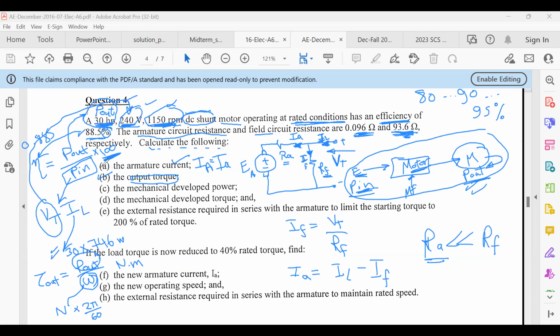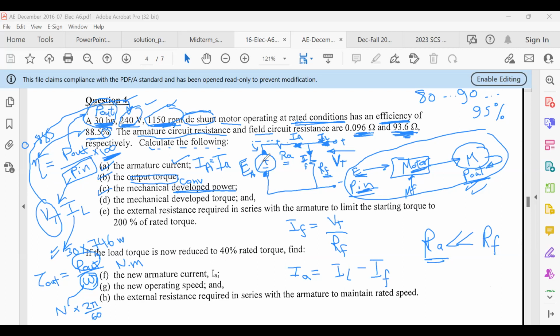The next is the mechanical developed power. Developed, or sometimes we call it converted. It means the power at this level, at these brushes. You have the current and you multiply by the voltage. This is the power that is converted from electrical to mechanical.